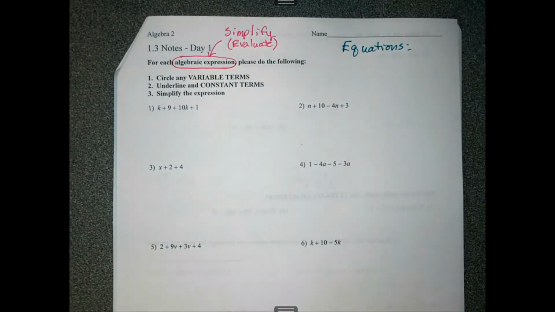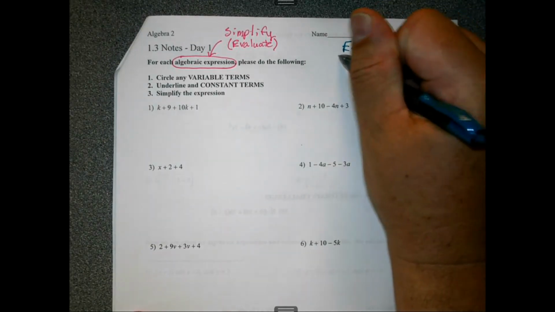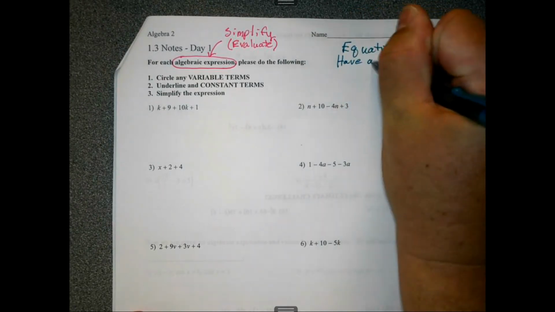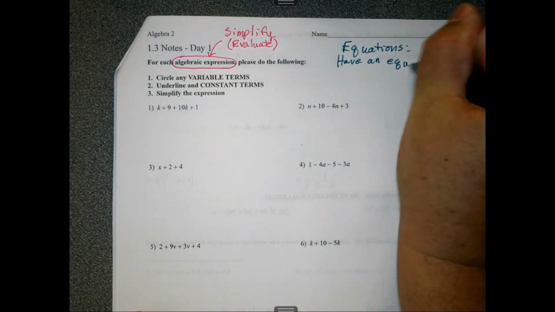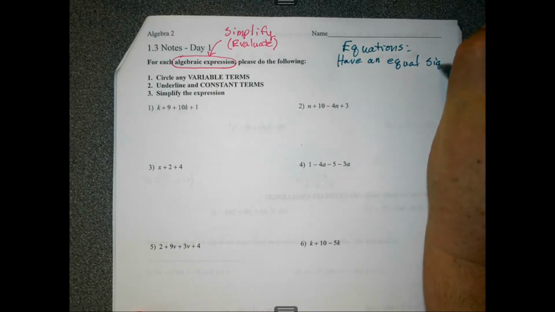Now, what are equations? What's an algebraic equation? Well, just the word equations. Equal sign, right? So equations have an equal sign. And you're going to solve for whatever variable it is, whether it's x, y, v, the problem tells you, right?